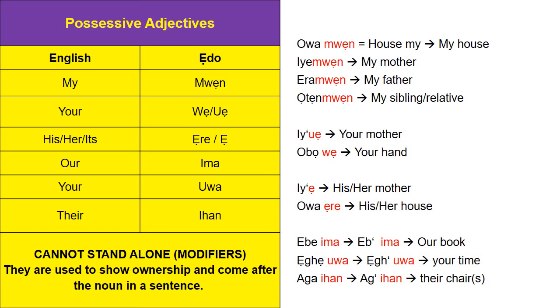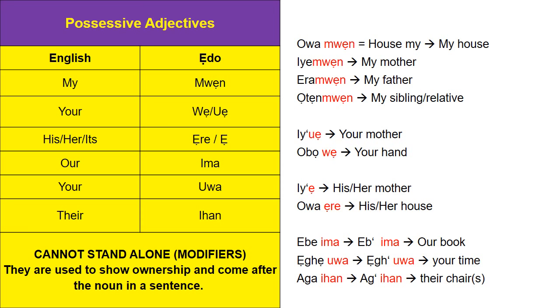And then we move on to Ijwe. Ijwe is also referring to Ije, so your mother, but because Ije ends with a vowel and We starts with a vowel as well, we apply the rule of contraction.